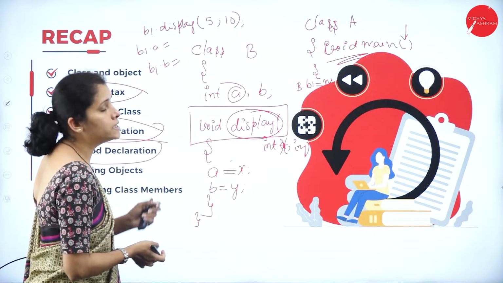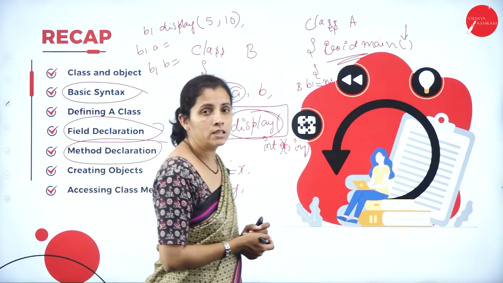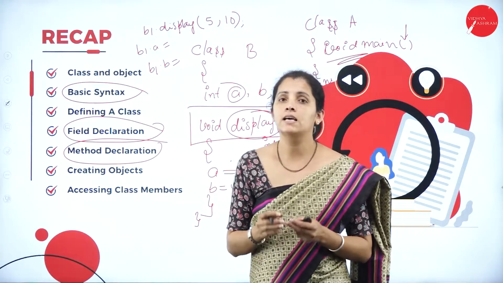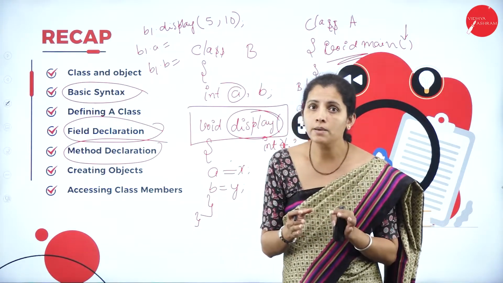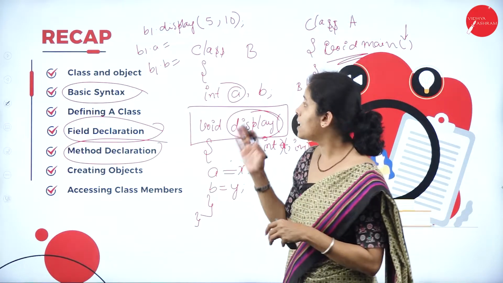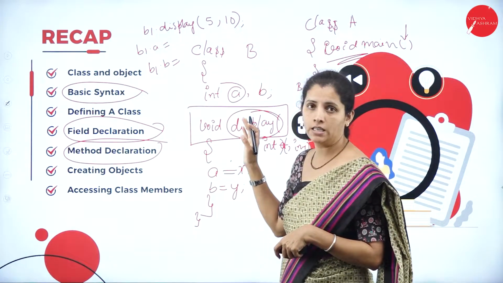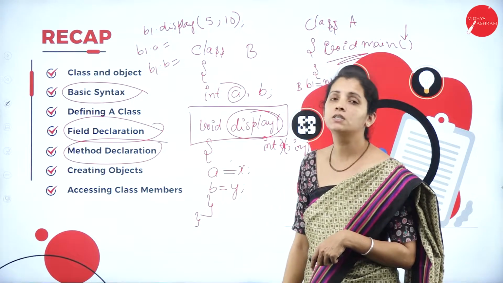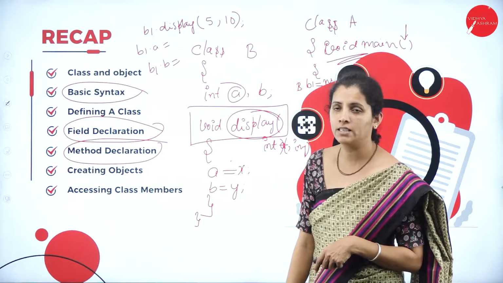So dear students, this is the way I create a class. I define the fields as well as the methods, I create the object, and I access the class members with the help of the object.